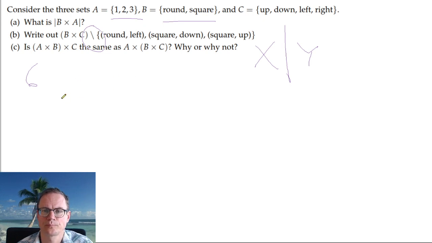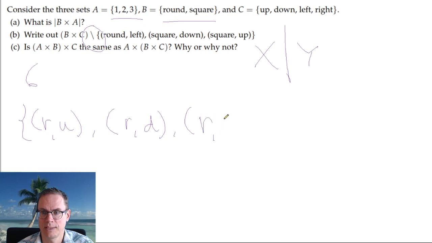Okay. Well, B times C is going to be round up, round down, round left, round right, square up, square down, square left, square right. And they want us to subtract 3. So this is going to be a set with ordered pairs. Round up is still in there. Round down is in there. Round left is not in there, but round right is in there.